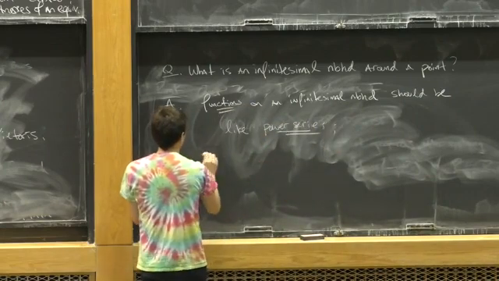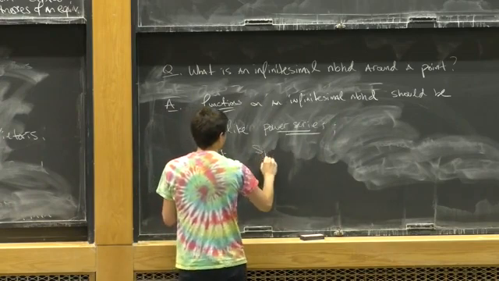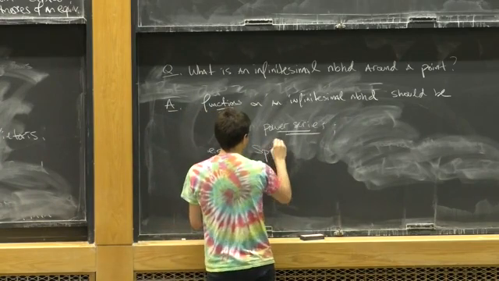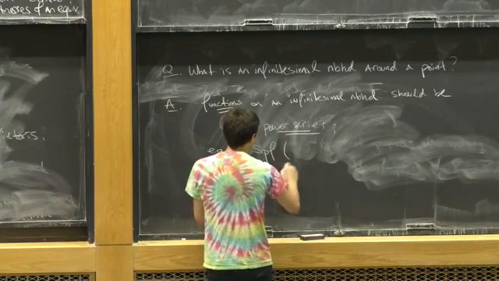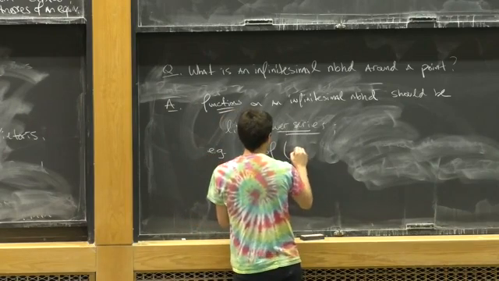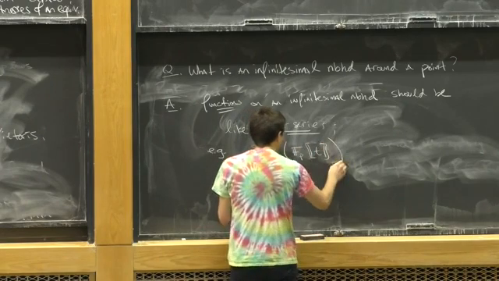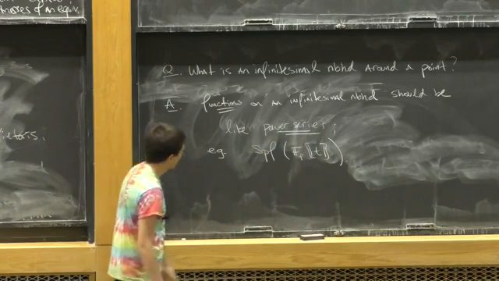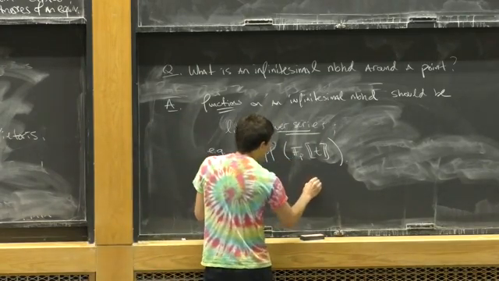So, e.g., we could take Spf, which is Spec if you haven't heard of Spf. You can take Spf of, say, F_p adjoin T, and this is a space which you're supposed to picture like this.